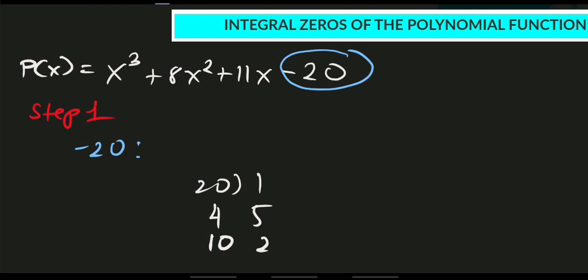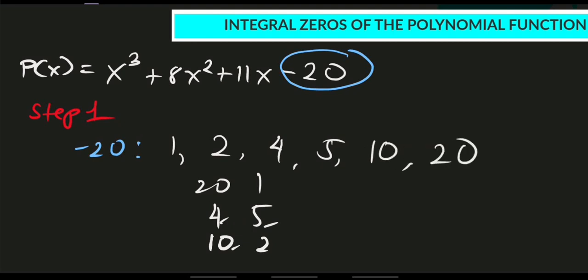Right. So next is to list all of the possible factors. Okay, it's up to you. It's either in decreasing or increasing form. Let's list them. So we have 1, we have 2, also have 4, also have 5, also have 10, and 20. Okay.